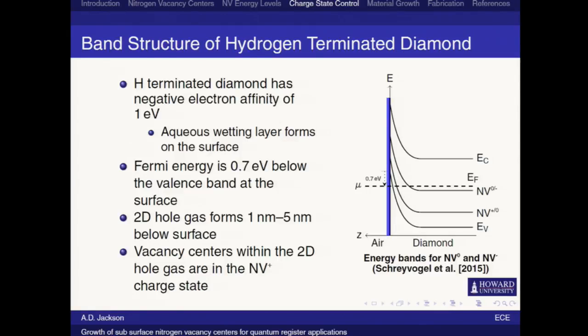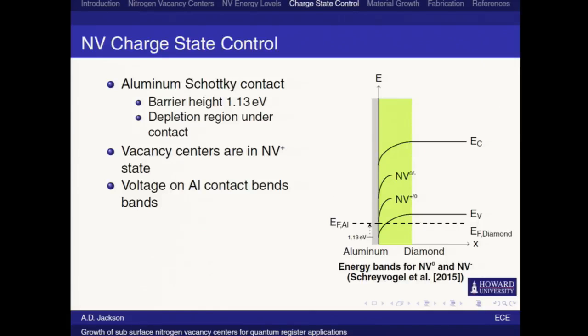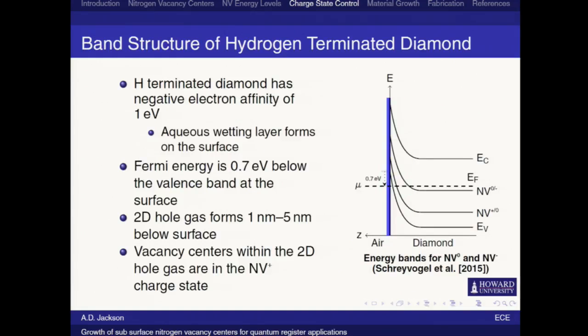And that causes a 2D hole gas to be formed in this area here, and that's within about 5 nanometers of the surface. So any vacancy center located in this area is going to be in the positive charge state because the Fermi energy is going to be below the valence band.